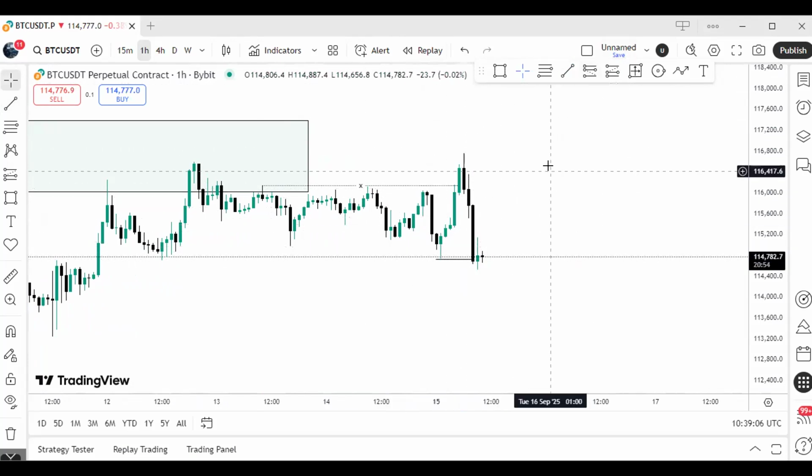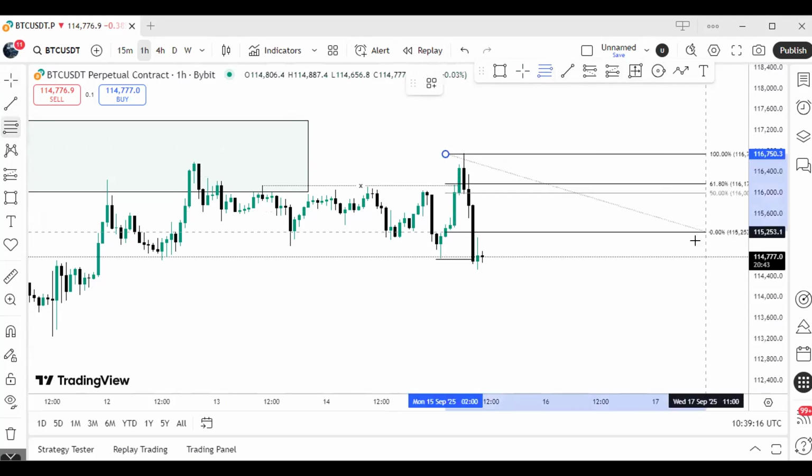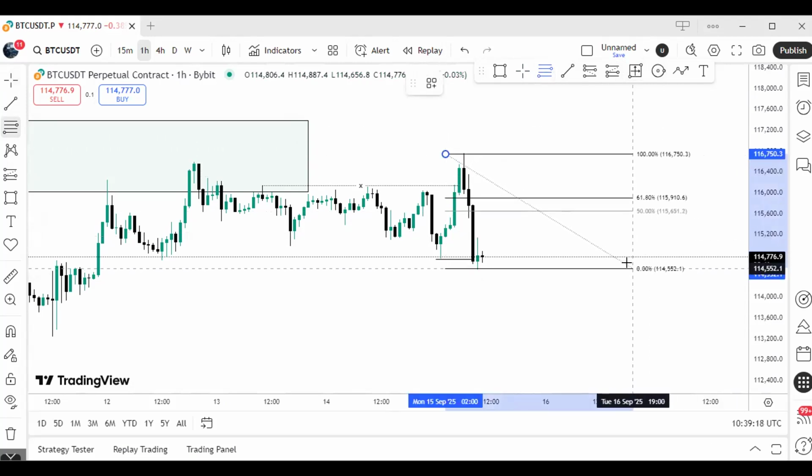All right. So if I want to enter the market now, I can decide to enter on the 61.8 Fibonacci retracement level, which simply means I will draw my Fibonacci from here to the current market, right?